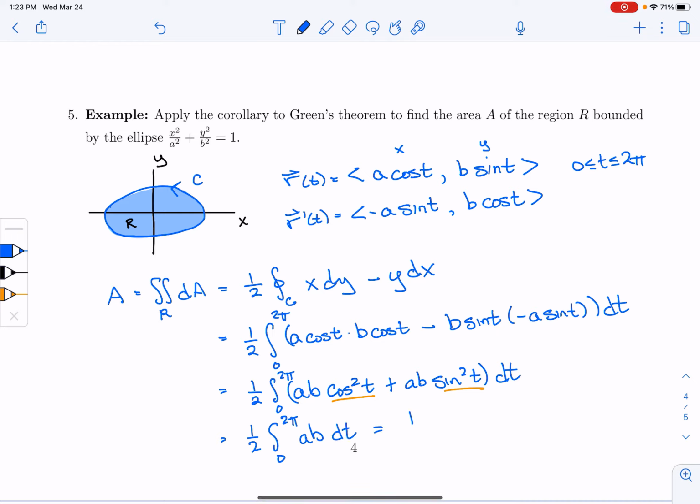So we're going to get 1/2 ab times 2 pi, the length of that interval, or pi ab. And that's actually what we expected to get for the area of an ellipse. The area of a circle is pi r squared. We think of a and b as being the two different radii of the ellipse. So instead of pi r squared, we get pi times a times b.